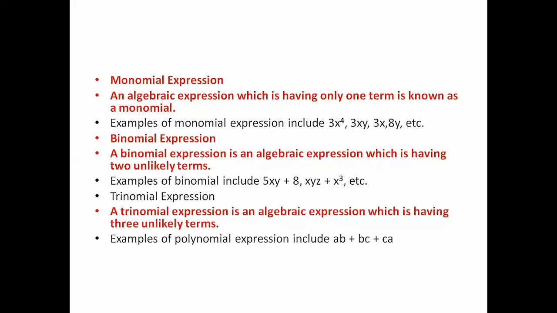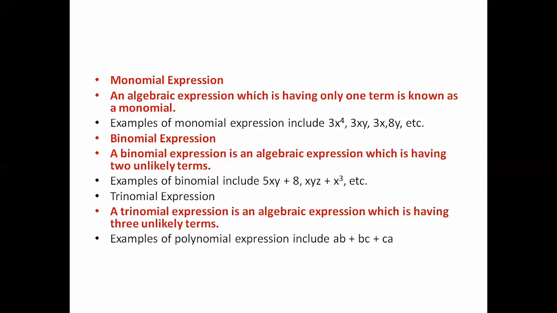Next is binomial expression. As the term signifies, bi means two. A binomial expression is an algebraic expression which is having two unlike terms. For example, 5xy plus 8 or xyz plus x raised to the power 3.